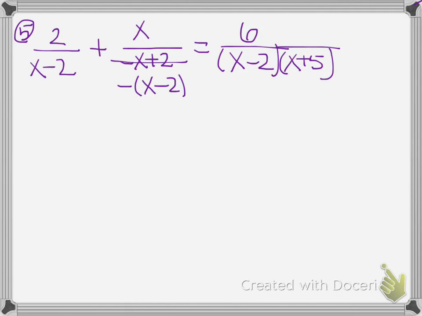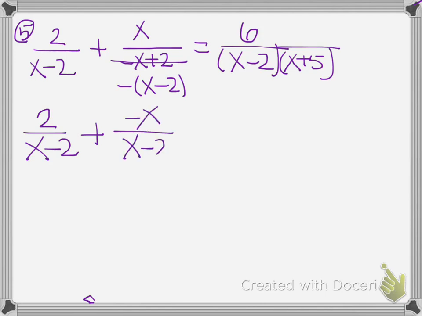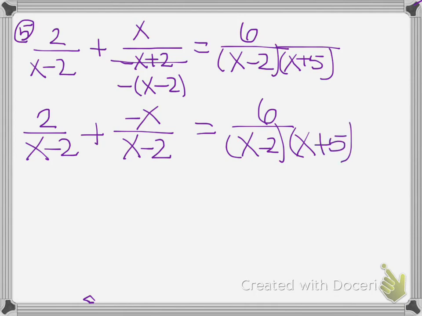When you do that, you can actually rewrite the problem, x minus 2, and move that negative to the numerator so you don't have to deal with it. And then you'll see that everything already has the x minus 2, so all we have to do is bring in the x plus 5.